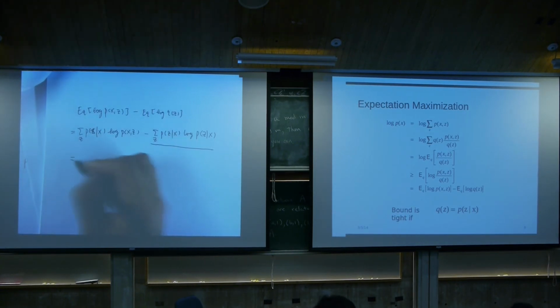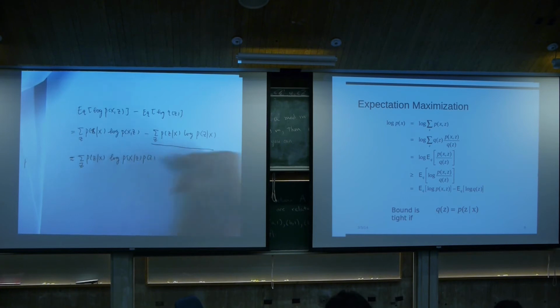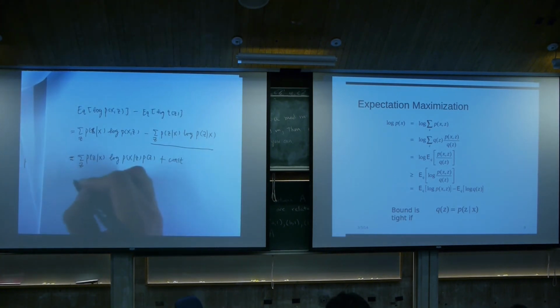And for the first one, this becomes the sum over Z of P(Z given X) times log P(X given Z) P(Z). Use the product rule to factorize the joint distribution. And the second term is some constant. We plug in the possible values of k.